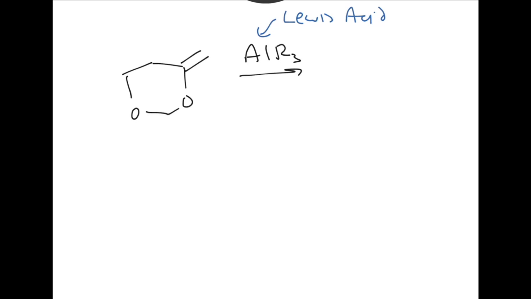This is a Lewis acid, meaning that it will accept lone pairs from stuff, right? So I can take the lone pair from this oxygen, and it will donate those lone pairs to the aluminum.